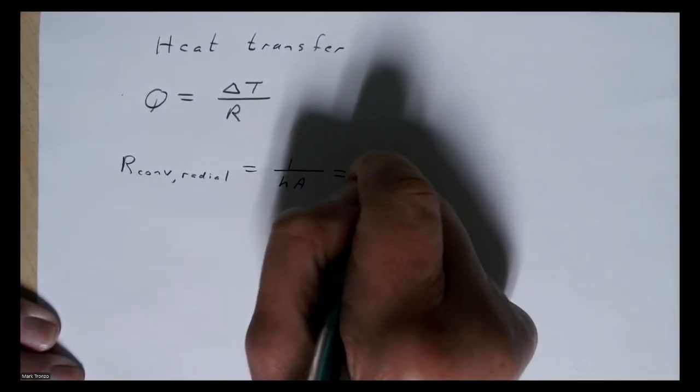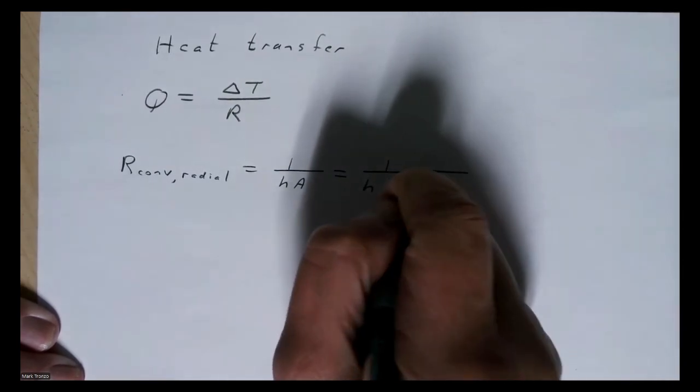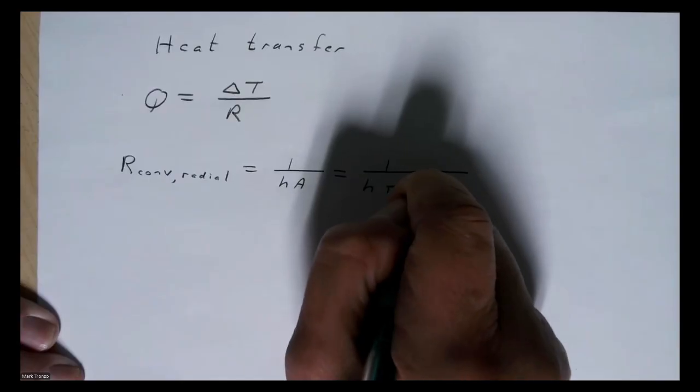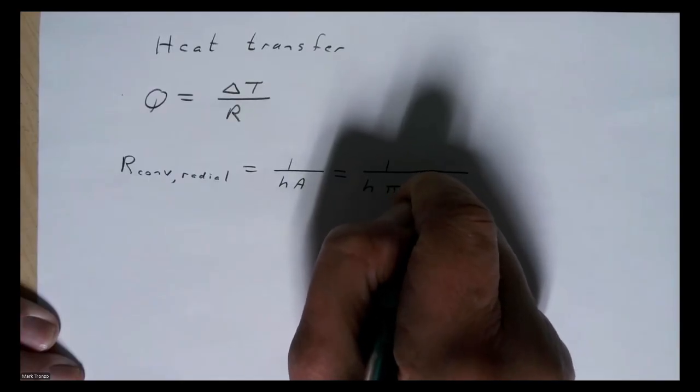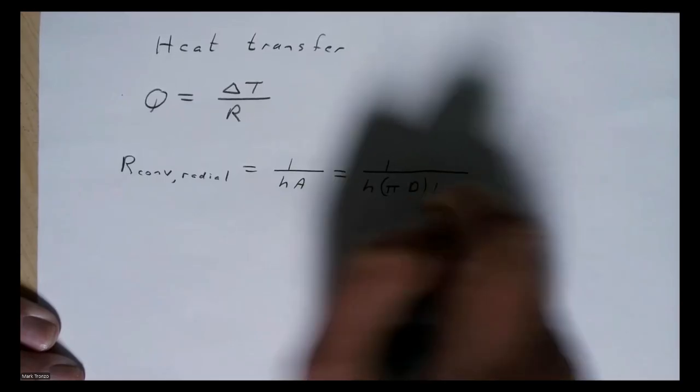and that was going to be 1 over H, and the area was going to be the circumference, which is pi d, times the length.